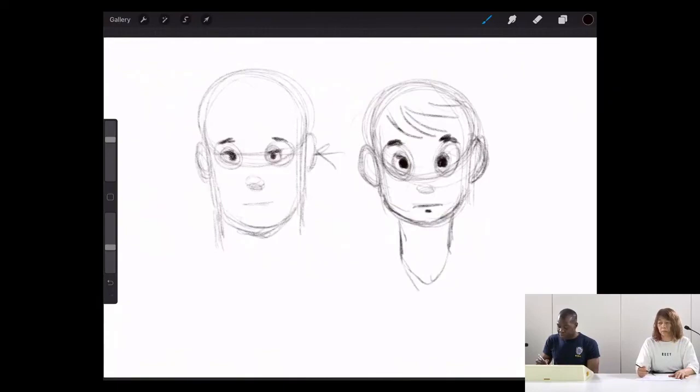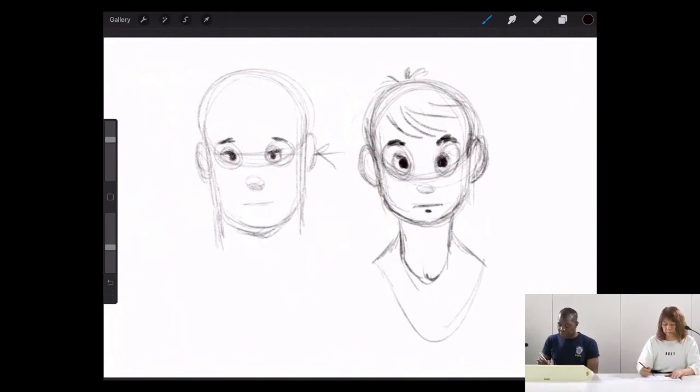So if you can keep this in mind, here's a good start for you. When you're drawing children or younger people, you have to keep in mind that they're still developing, so some areas are going to be quite a bit smaller.